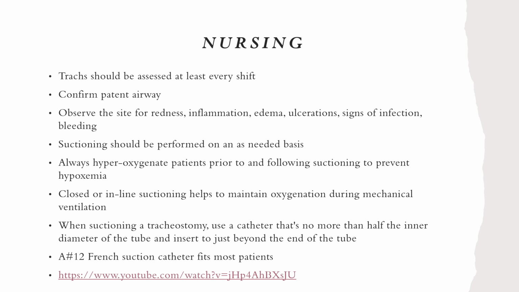We can use what's called a T-piece or trach collar, and that can give good humidification to the trach. Also along with appropriate fluid intake, which is very important. That will promote thinning and mobility of secretions that the patient may have and prevent any mucus plugging.